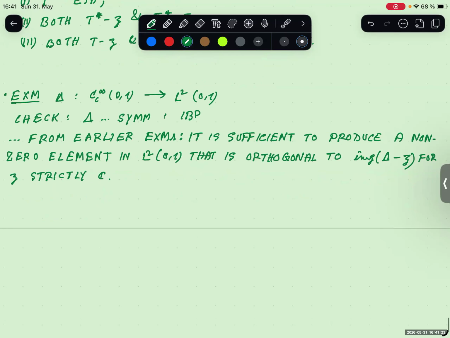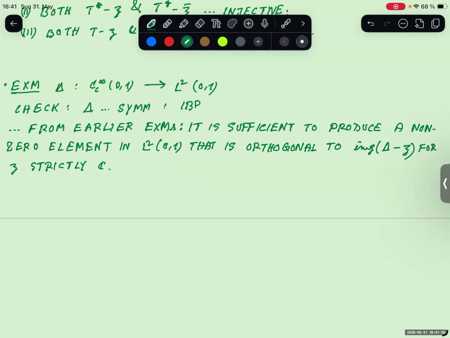Okay, so now let's go on. Let u be a smooth function on the interval 0, 1 and phi a compactly supported function over the interval 0, 1.